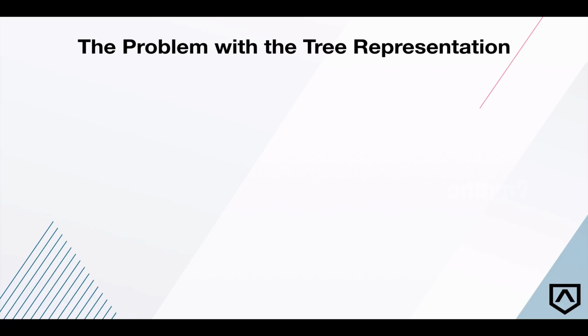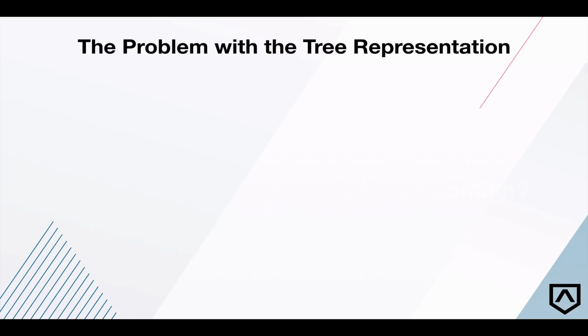So let's move on and talk about what are some of the problems with this tree representation? What are some trade-offs that we can see, or some issues with this particular choice of representing a heap as a binary tree?